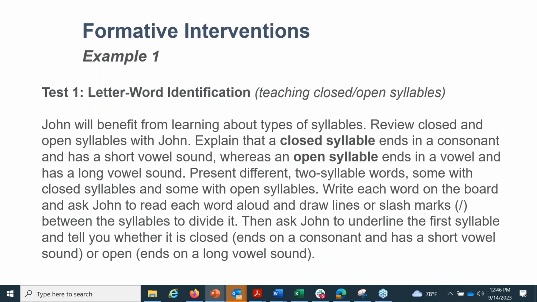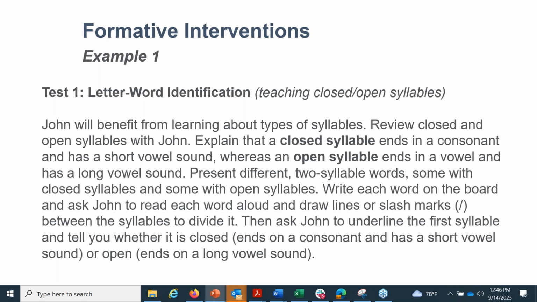So I'm going to flip over. Here's an example of a formative intervention that's part of the platform. And this one was for letter word identification, teaching closed and open syllables. So that's a skill that student was struggling with. And you can see here that based off of that student's performance, a formative intervention recommendation popped up here.